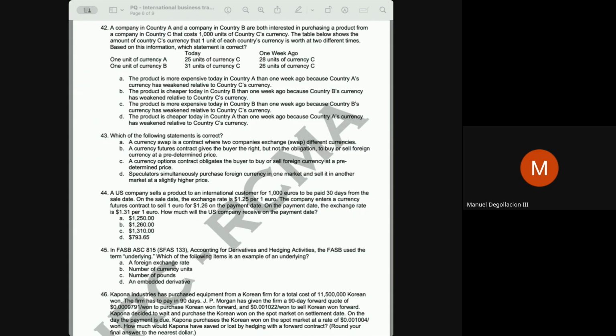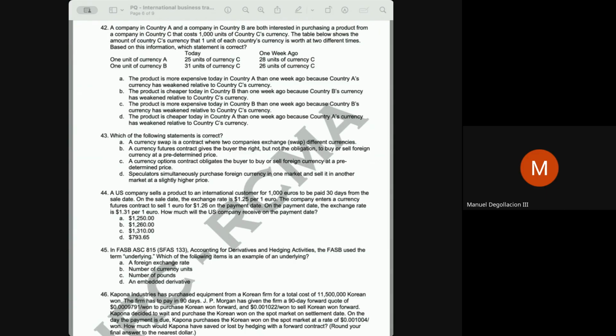A currency futures contract gives the buyer the right but not the obligation to buy or sell foreign currency at a predetermined price. Letter C, a currency options contract obligates the buyer to buy or sell foreign currency at a predetermined price.